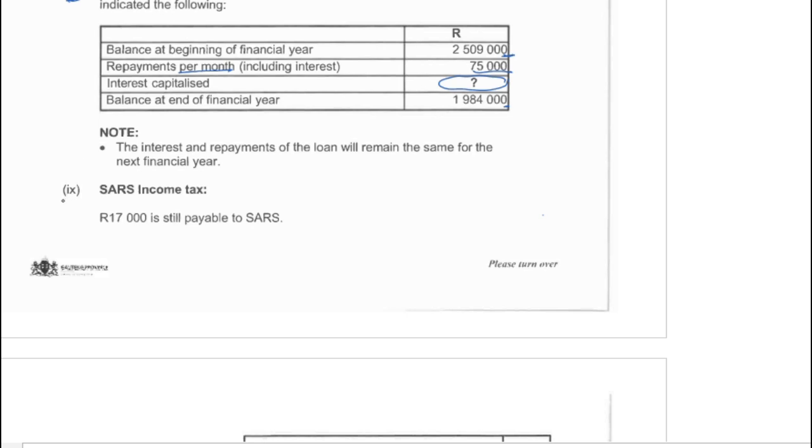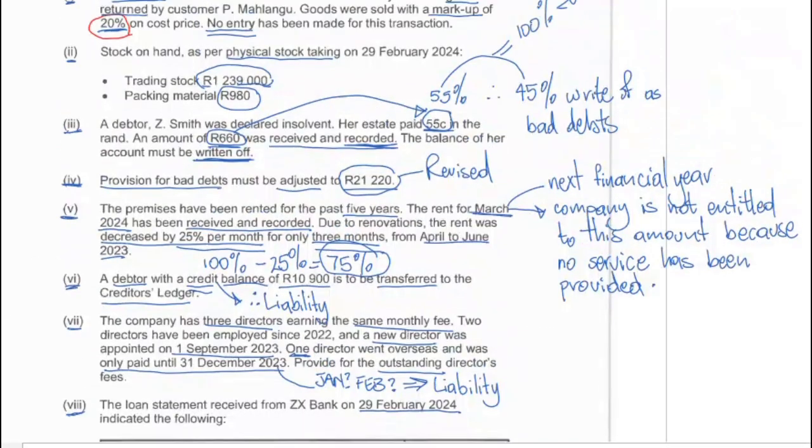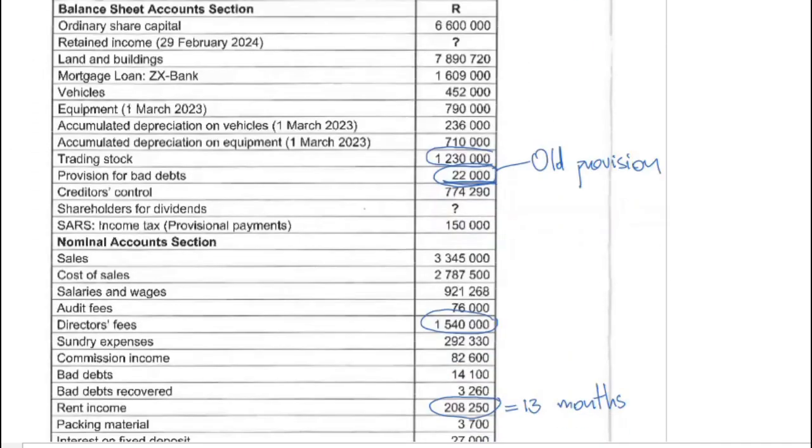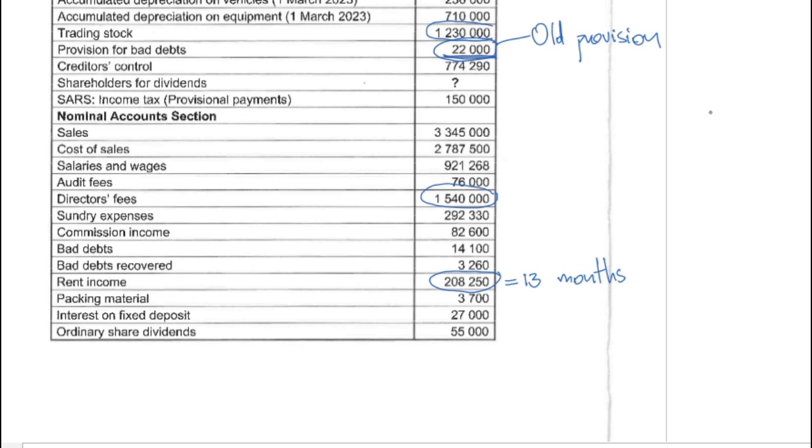In adjustment number 9, it says for SARS income tax, 17,000 rands is still payable to SARS. If we look at the information from the extract of the pre-adjustment trial balance, we are told that the SARS income tax account currently shows a balance of 150,000, which is attributable to provisional payments.